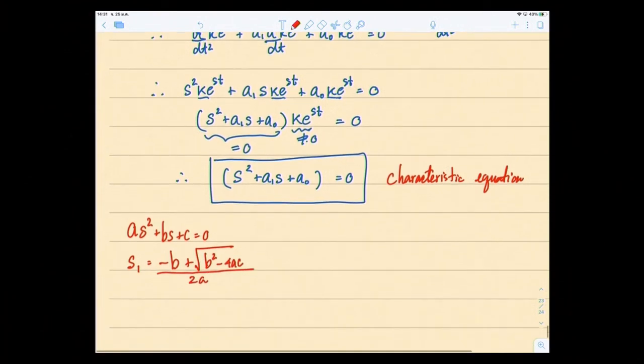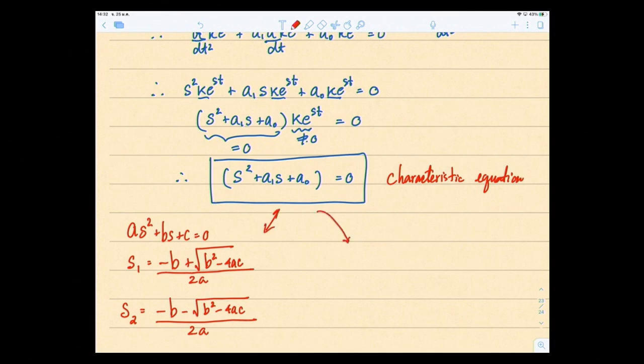Remember, s2 is equal to minus b minus the square root of b squared minus 4ac, divided by 2a. This is from our algebra. Now we have to apply it to this.